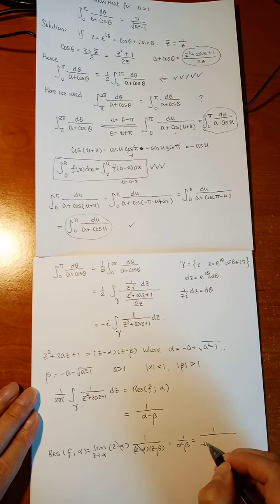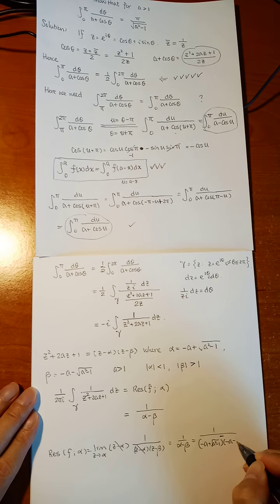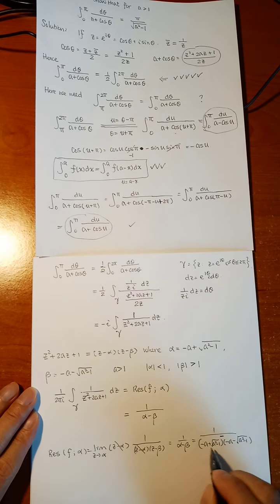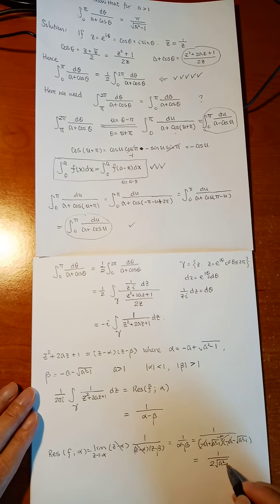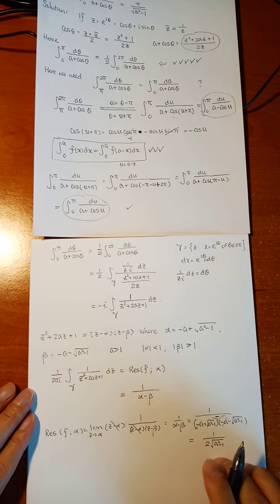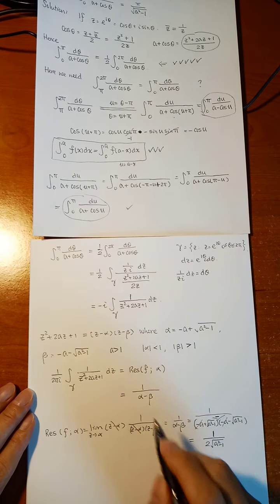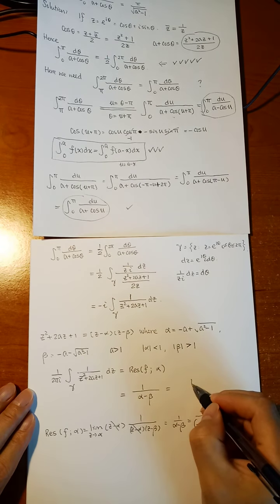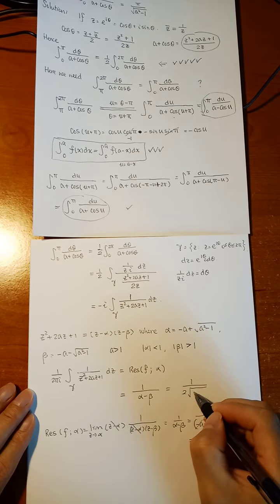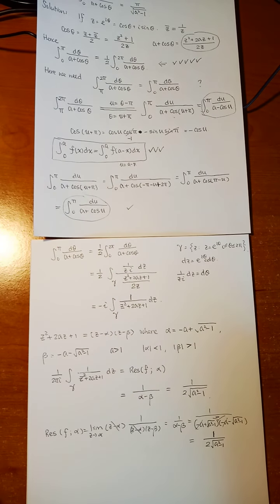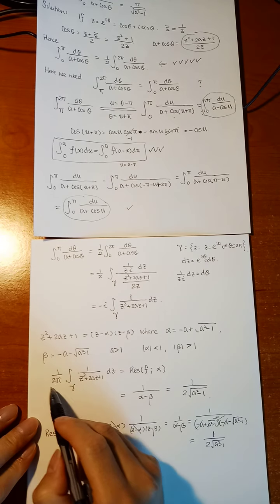This is alpha, this is beta. Oh, sorry, subtraction. Negative a canceled, so you only have twice. Here's subtraction, not product, my bad. This is the residue. So here we put 2 square root of a squared minus 1.